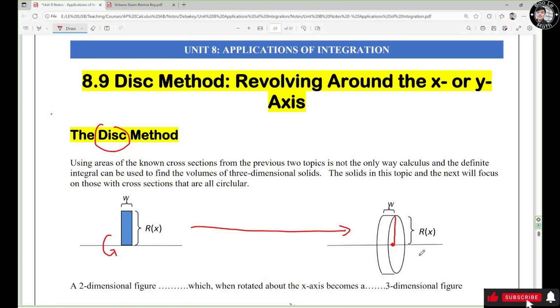The area of each cross-section is A(s) equals pi R(s) squared. The volume is V equals the integral from a to b of A(s) ds.